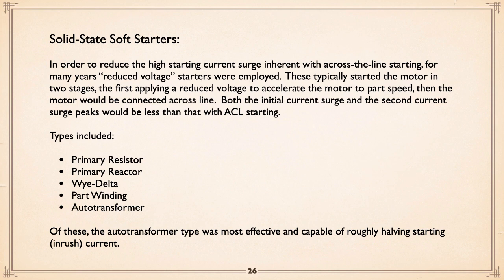So back in the day, before electronics became so dominant, there were different ways of doing that. You would start the motor first or take it up to whatever speed it could with a primary resistor, a primary reactor, a Y delta, a part winding system, or an auto transformer. Auto transformer was and is the best of those non-electronic systems.